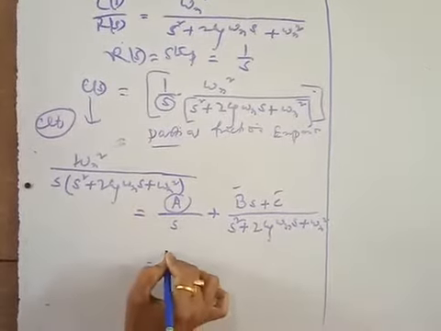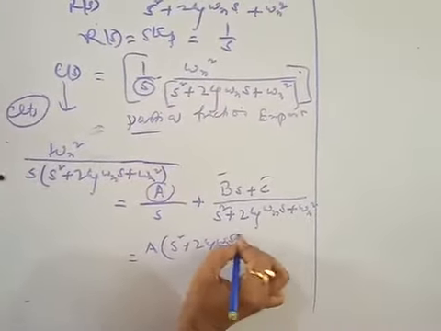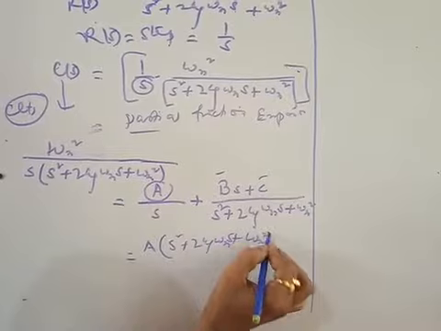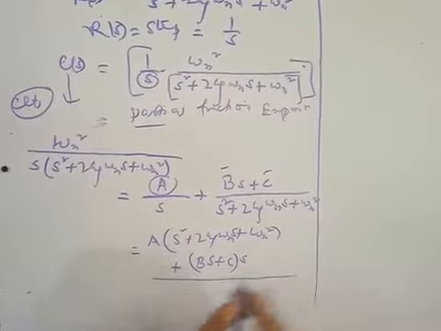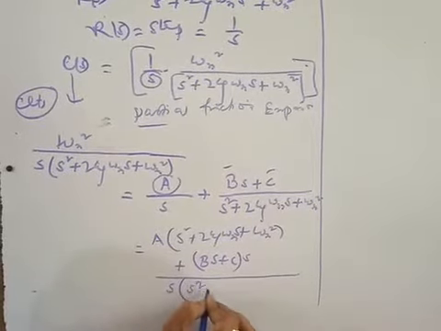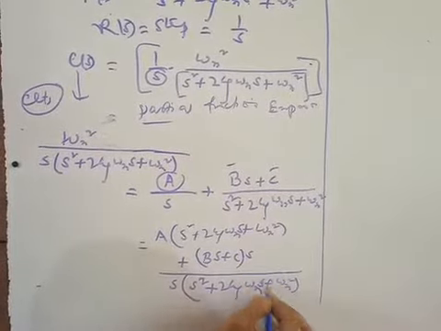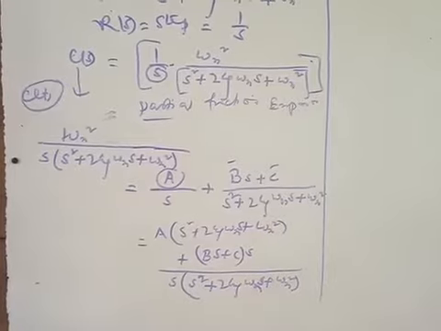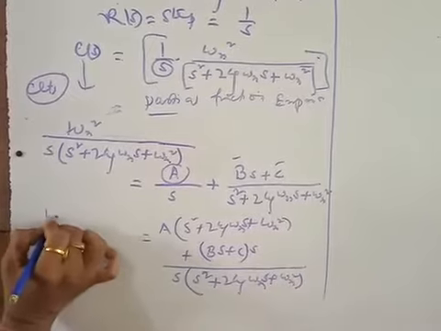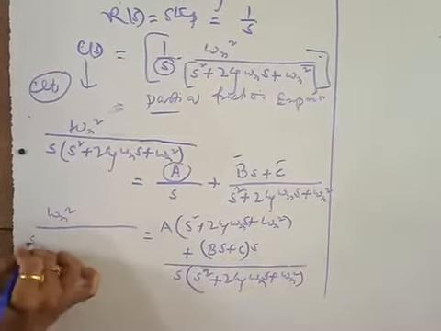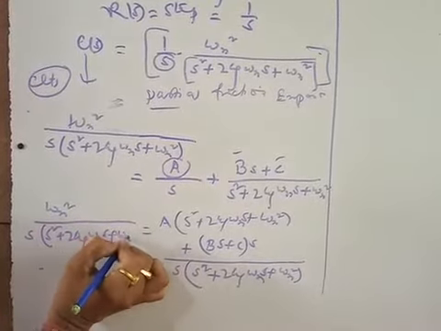This can be written as A into s square plus 2 xi omega n s plus omega n square plus Bs plus C into s, whole divided by s into s square plus 2 xi omega n s plus omega n square. That is the term in the right hand side, right? On the left hand side we have the same term, omega n square by s into s square plus 2 xi omega n s plus omega n square.